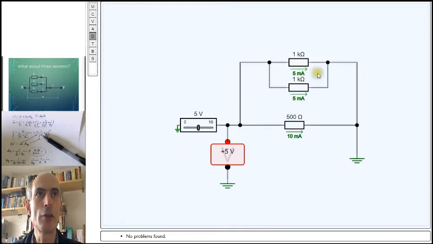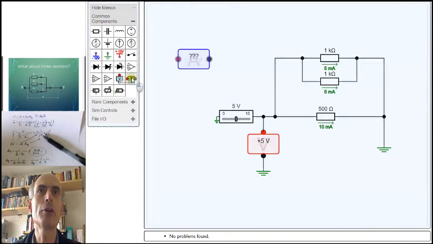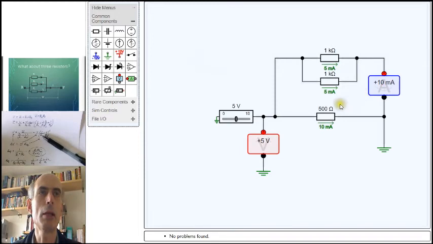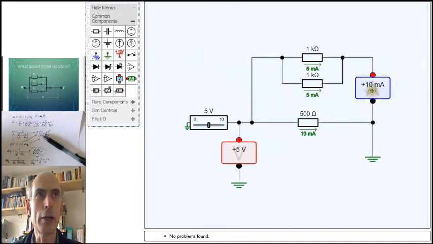Both of those currents then join together, which means the current flowing down this wire is 5 plus 5 or 10 milliamps. We can check that. We can just stick an ammeter into the wire here, and it says 10 milliamps, as expected. So the total current flowing through the network of these two resistors is equal to the total current flowing through this resistor. And the same voltage appears across them. So, yes, this 500 ohm resistor behaves the same way as these two 1K resistors in parallel.